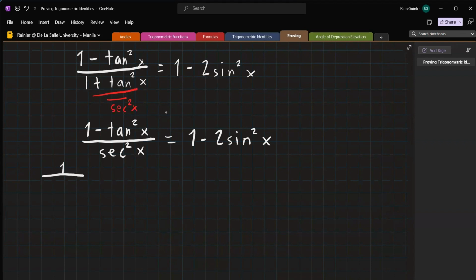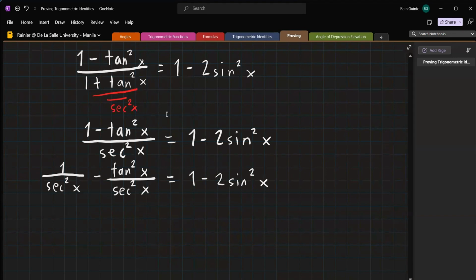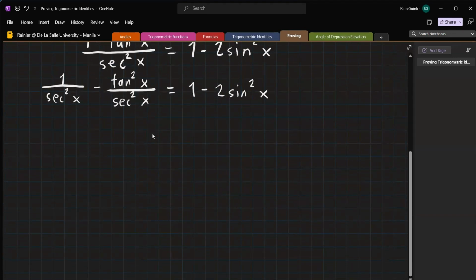We can do this: 1 over secant squared x minus tangent squared x over secant squared x equals 1 minus 2 sine squared x. And from here, notice that secant squared x is basically the reciprocal of cosine squared x. So we can write it as cosine squared x.